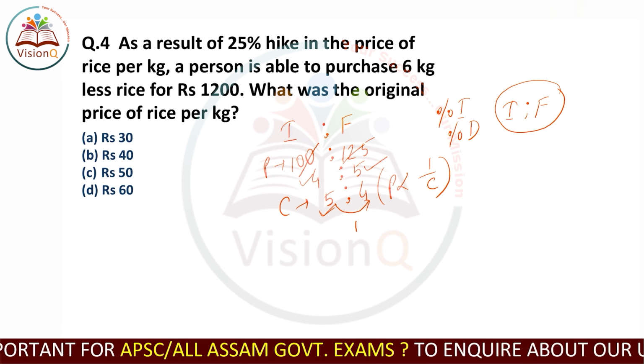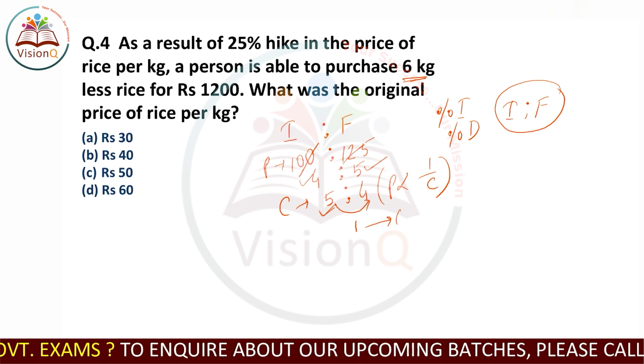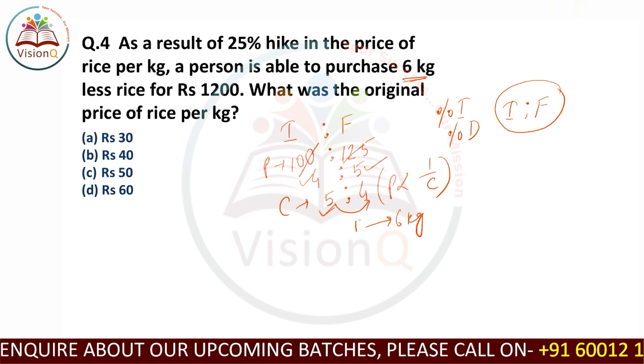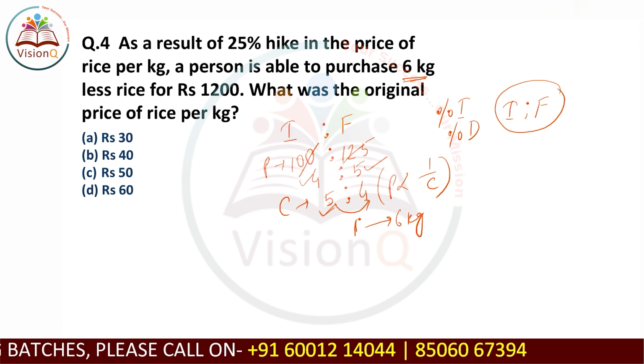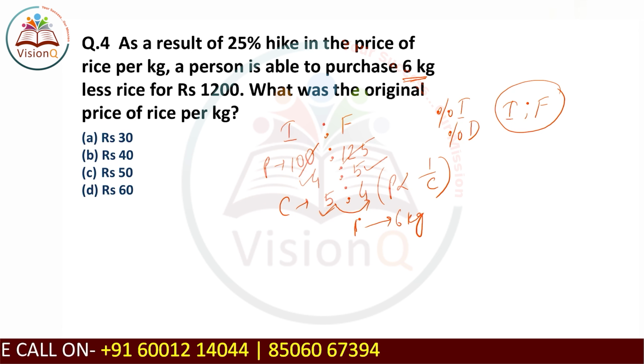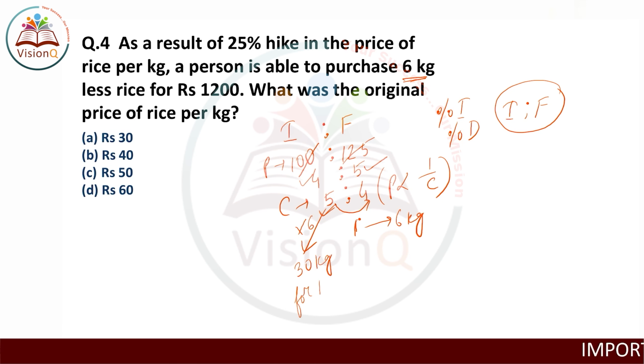And in the question it is mentioned he is able to buy 6 kg less. So 1 represents 6 kg. If 1 is 6 kg, initially he was able to buy 5 kg as per the ratio, so 5 will represent 5 into 6, which is 30 kg for rupees 1200. Now he is able to buy 4, and 4 will represent 4 into 6, which is 24 kg for rupees 1200.